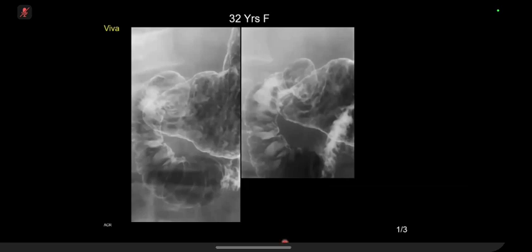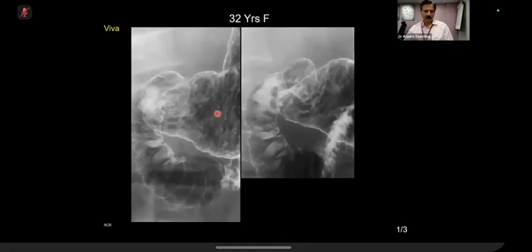I'm presented with spot films from a double contrast upper GI barium study. There is an abnormality of the gastric mucosa in the region of the pyloric antrum, which is included, where the normal gastric folds are not evident, and the mucosa appears irregular. So what is happening here?